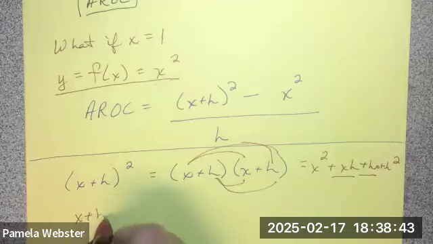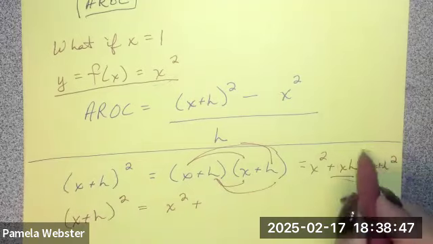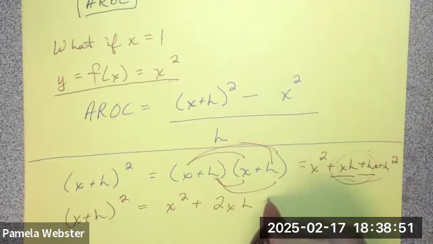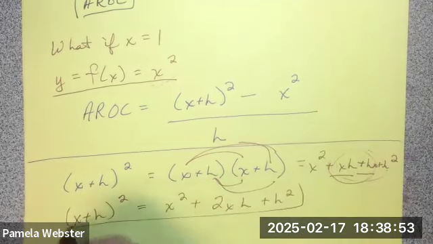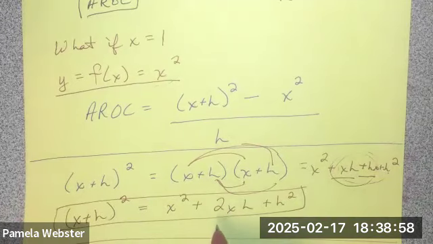So this x plus h squared guy is x squared plus, there are 2 of these, I'm going to combine like terms, 2xh's plus an h squared. Okay. So you're going to have plenty of opportunity on this homework set to work through this, to make sure you got it, to see what's going on.